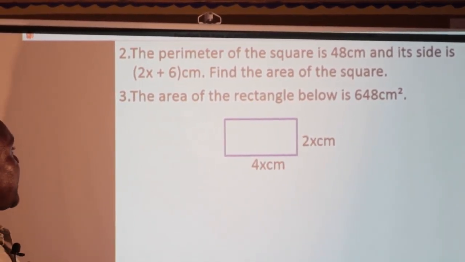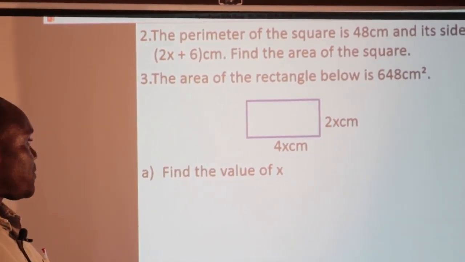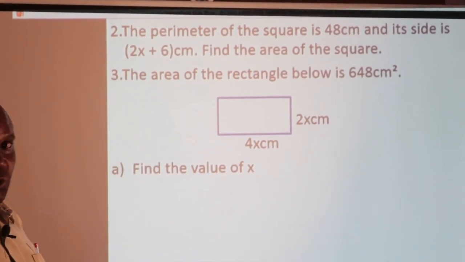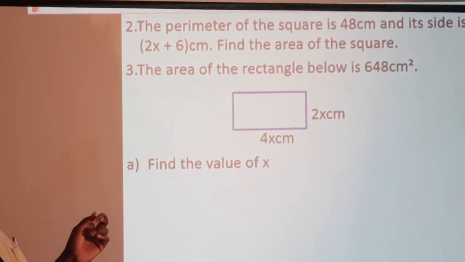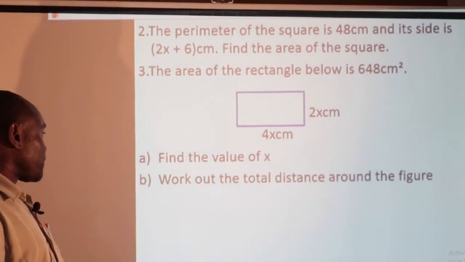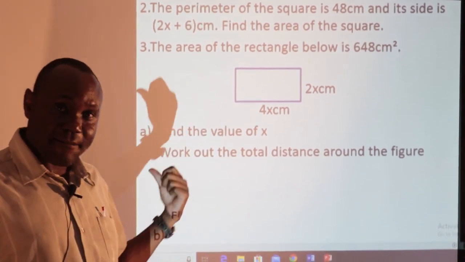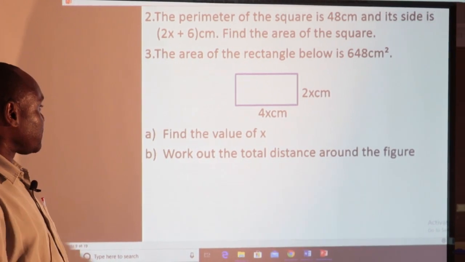That is the rectangle. Question A, find the value of x. The length is 4x centimeters, the width is 2x centimeters. So we are finding the value of x. Question B, work out the total distance around the figure. Around that figure. That is question 3.